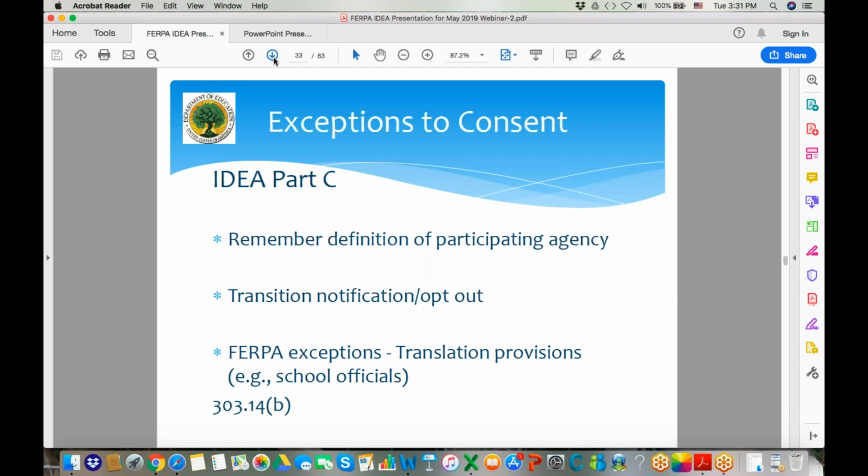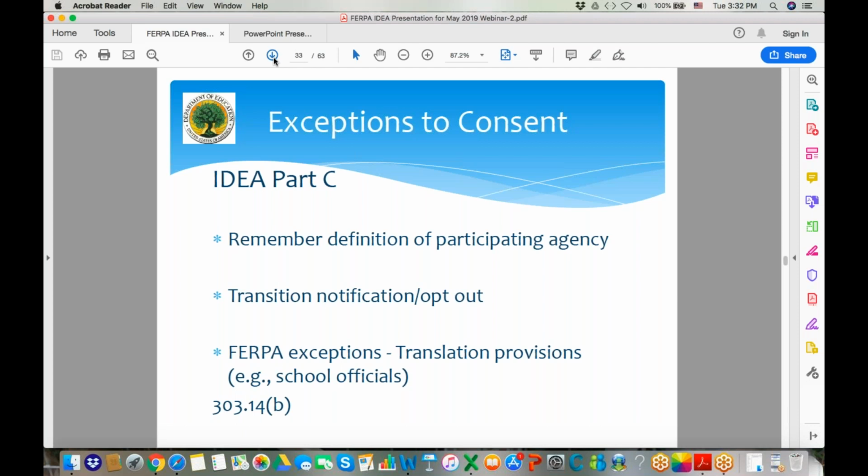But there are some that are unique to IDEA Part C and Part B. Two of the exceptions that are unique to Part C include what I mentioned earlier, the definition of a participating agency. Often, an individual or an entity will be part of what I call the Part C umbrella within a state, part of that statewide system of delivering early intervention services, whether that's a professional on the evaluation team, the service coordinator, an early intervention service provider, an individual who may be working both with a payer of Part C services, but also is involved in the delivery of perhaps family services.